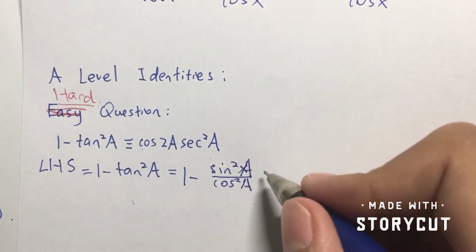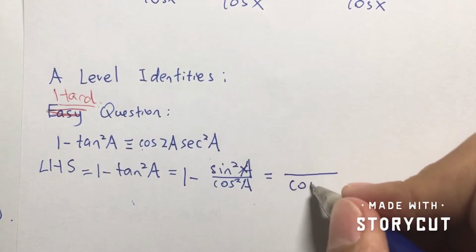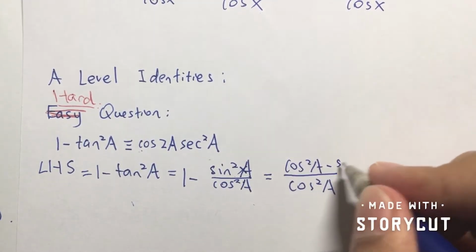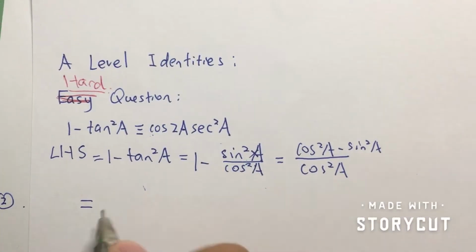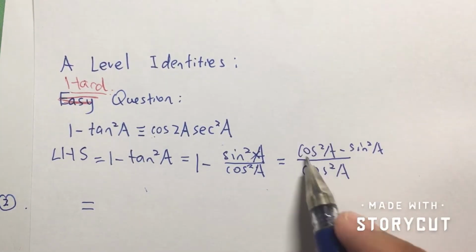Let's simplify this, which becomes cosine squared a minus sine squared a over cosine squared a.